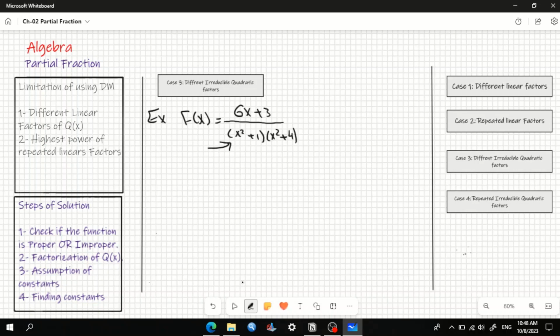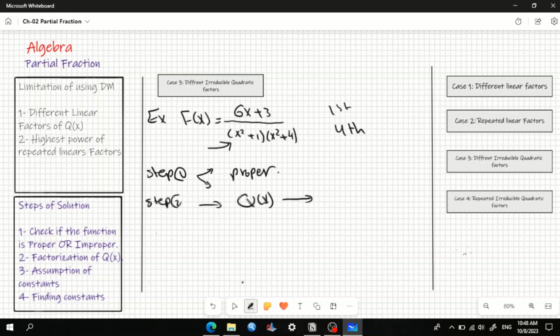What should we do? Start from the first step: proper or improper. We have here first degree and here fourth degree, so we have a proper function f of x. Step 2, we have irreducible quadratic factors, so just factorize q of x.